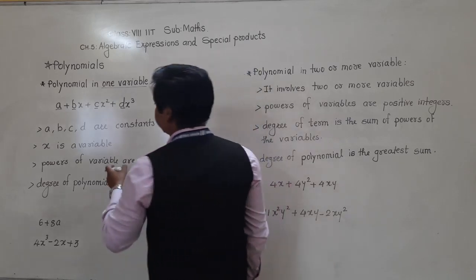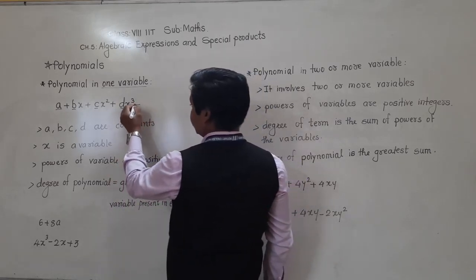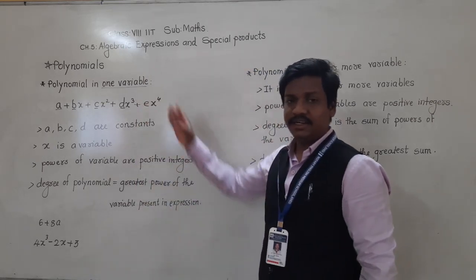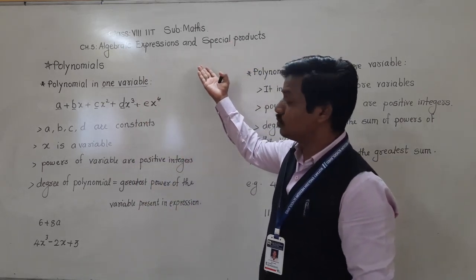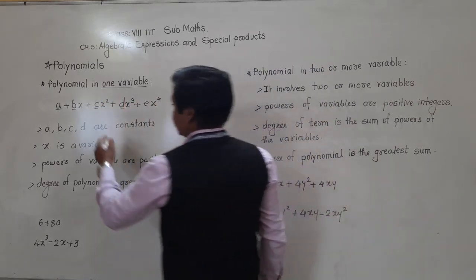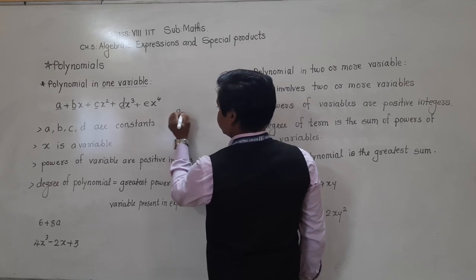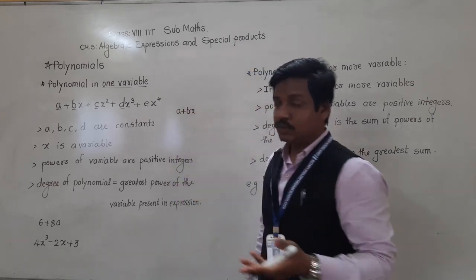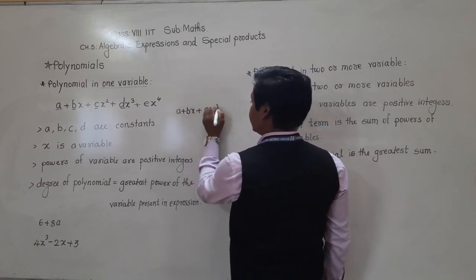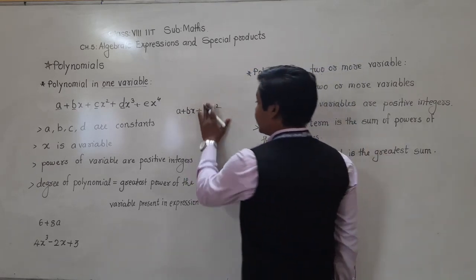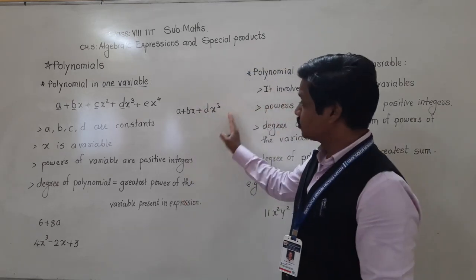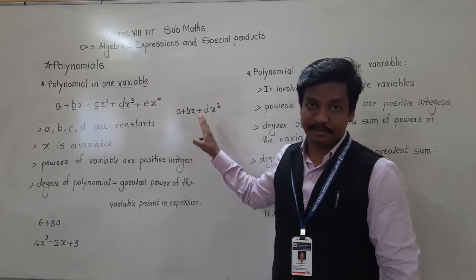Now you might be thinking, is there only x cube? It can be x raised to 4 also, and goes on. It can go on increasing, or any one term can be missing also. Means you can write in this way also, a plus bx. This is also a polynomial in one variable, or a plus bx plus cx square. Okay, or directly dx cube.